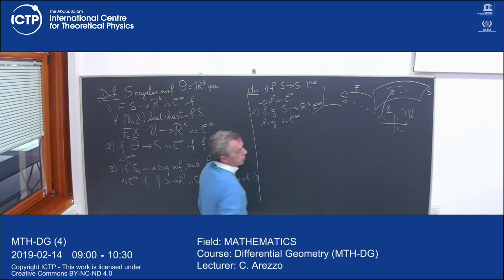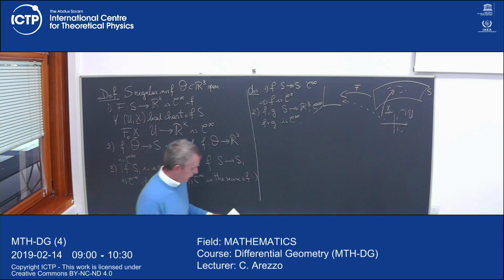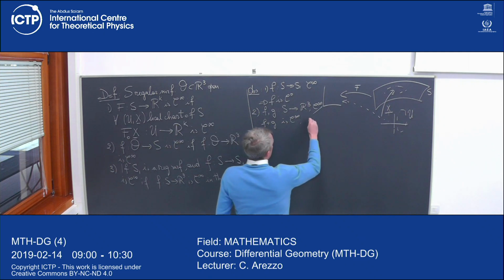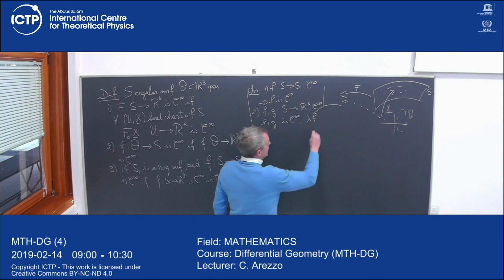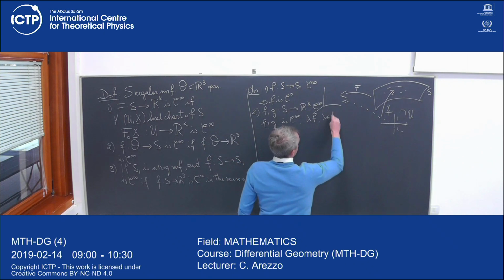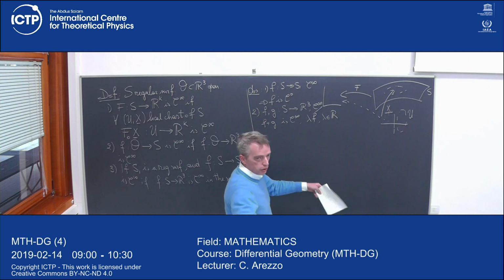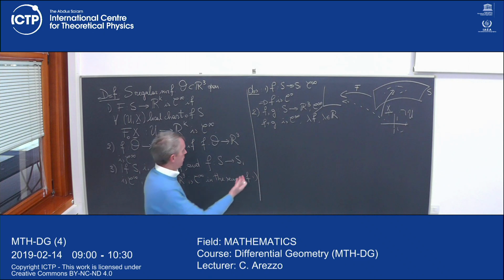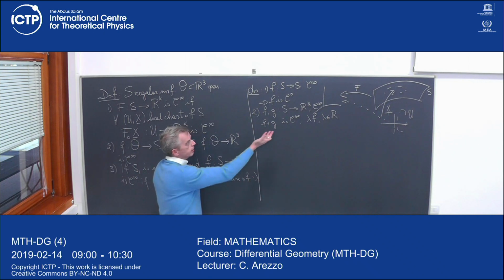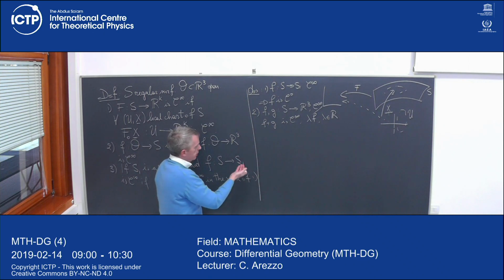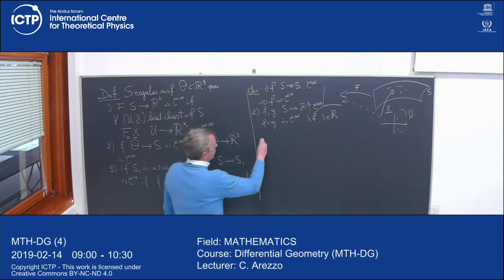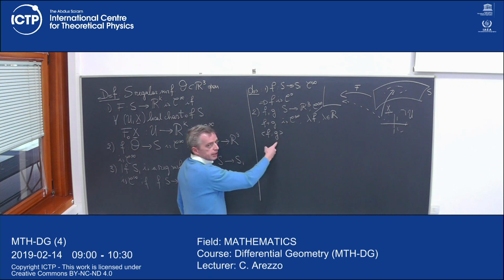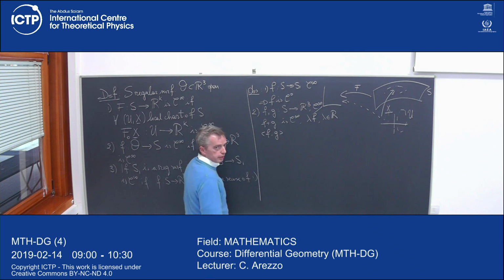Then what else can you do? Everything. I mean, for example, let's see what I listed here. Well, of course, f minus g, but then lambda f, if lambda is a real number. I can certainly dilate or contract a map, and it remains smooth. Of course, if this was going into S1, again, maybe lambda f is not in S1. But for example, what else can I do? I can take the scalar product. At every point, these are vectors, I can take the scalar product.